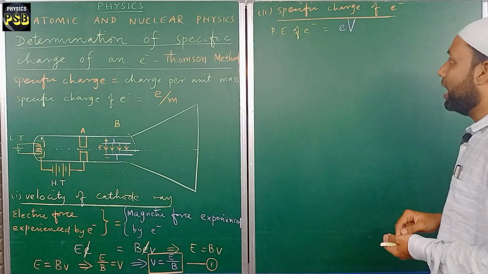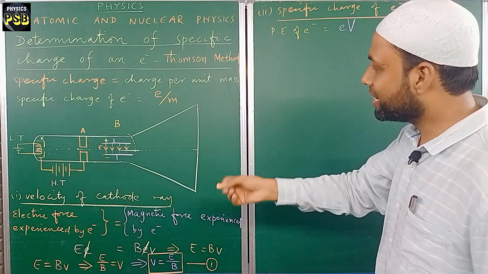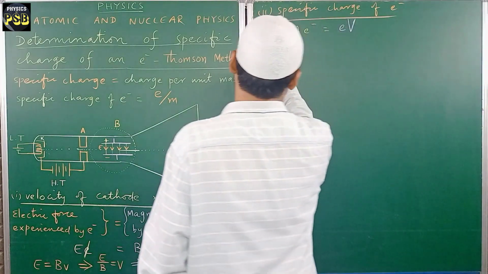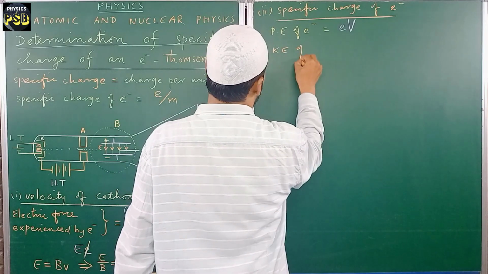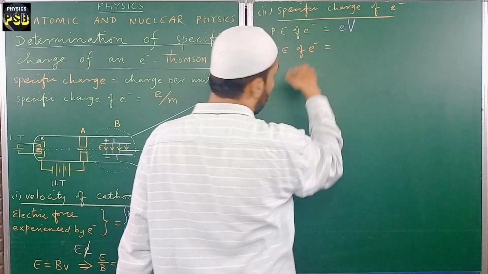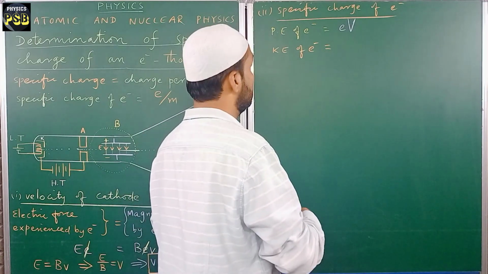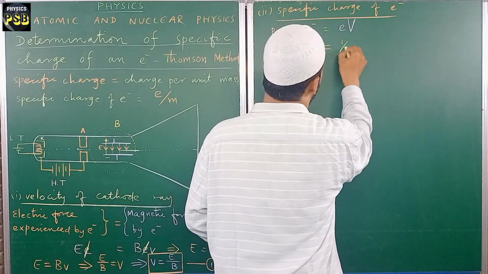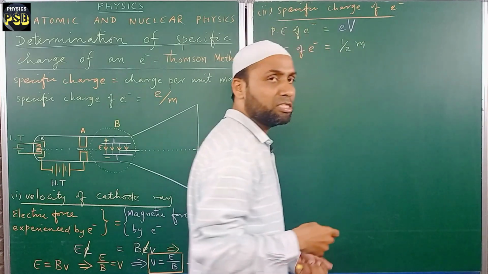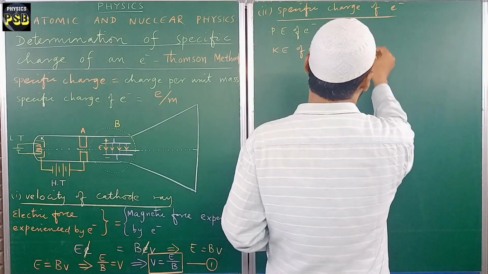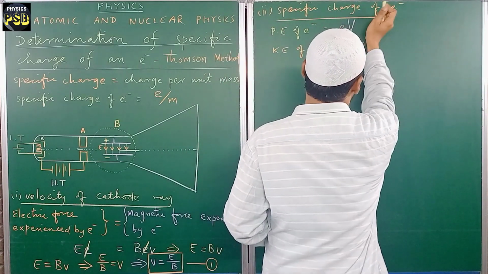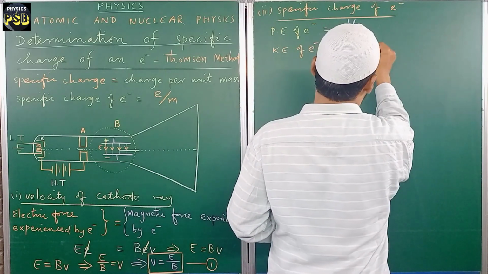Okay, and the kinetic energy of electron at the anode, okay, is nothing but half m v square. Here m is the mass of electron, and here v is small v.